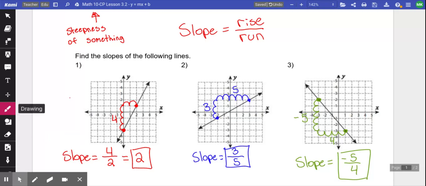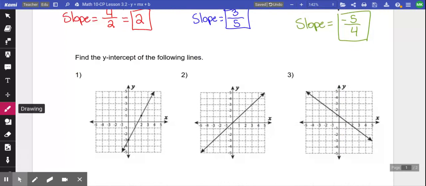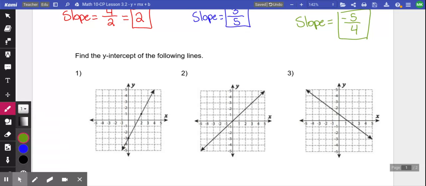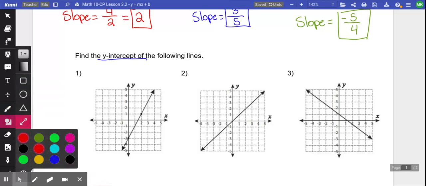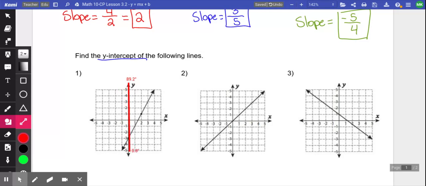Awesome. That's finding slope. The other thing we learned yesterday is how to find the Y-intercept of a graph. The Y-intercept is where your line crosses the Y-axis. The Y-axis is this line right here. So you need to try to find where your graph crosses the Y-axis.